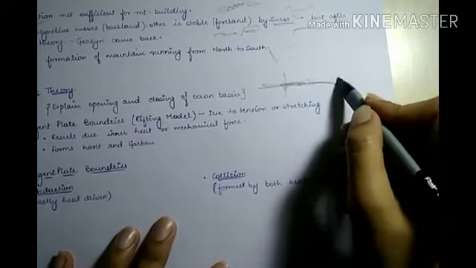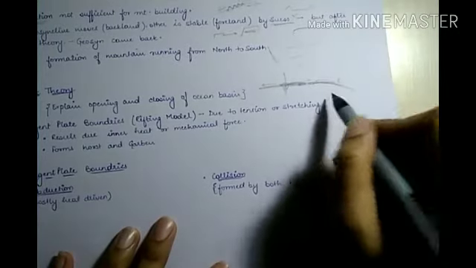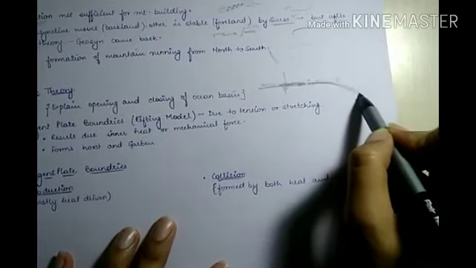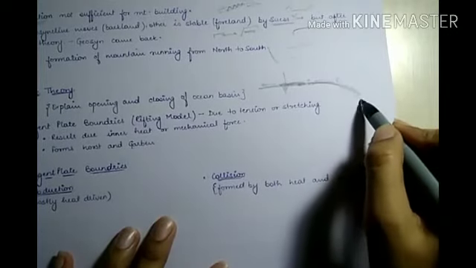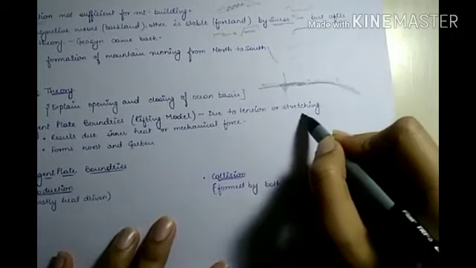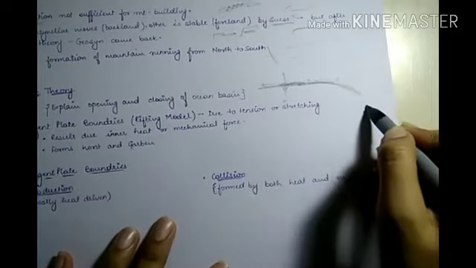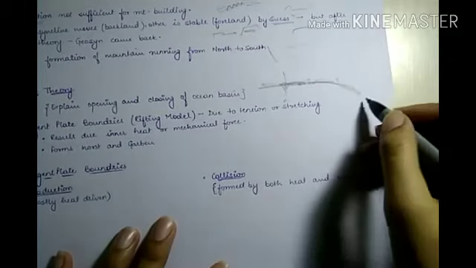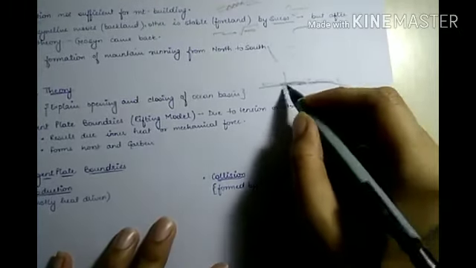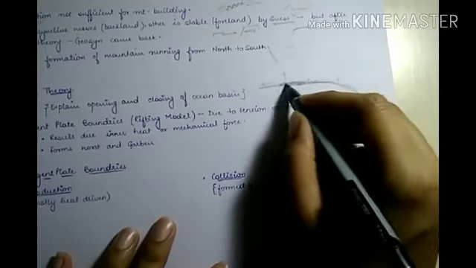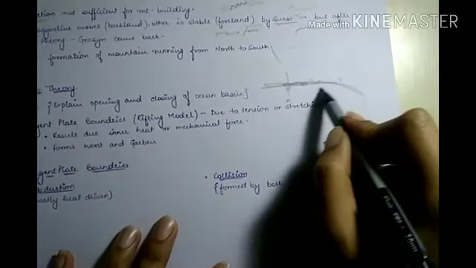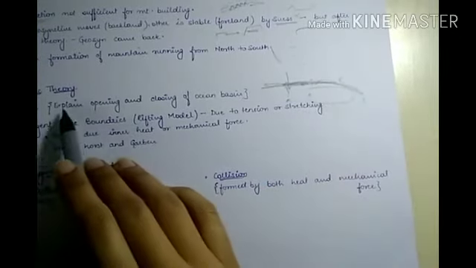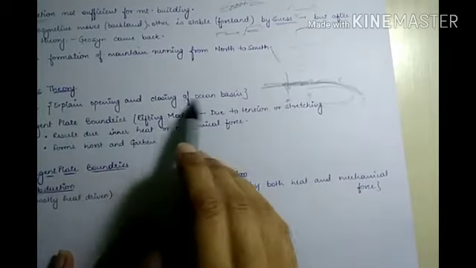In the convergent plate boundaries the plate which has subducted will melt, and it will again come up. It will go in both sides. Here it will form volcanic mountains, and here it will again come and form fissure volcanoes. So this whole part is the Wilson cycle, which explains opening and closing of ocean basins.